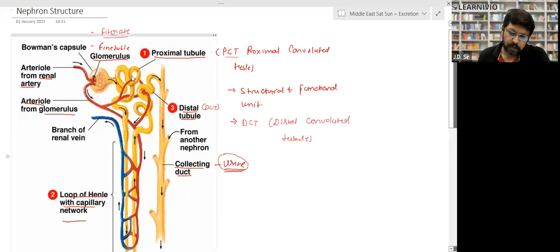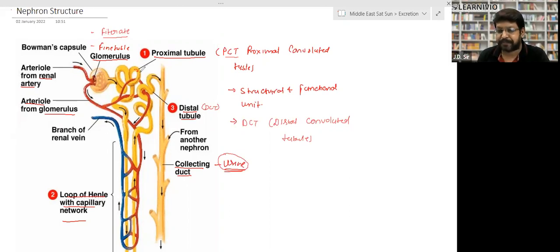Look, these are the small filters found inside the kidney. Now, this ball-like structure is called the glomerulus, right? Glomerulus. And the first part of the tube is called the proximal convoluted tubule, PCT.